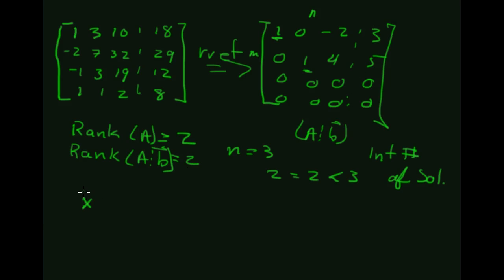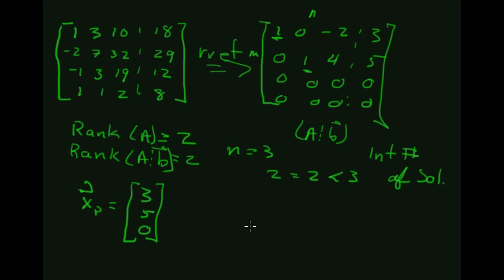So the vector x sub p, a particular solution, is the solution 3, 5, 0. Okay, so you should be able to see the particular solution right here in the end.